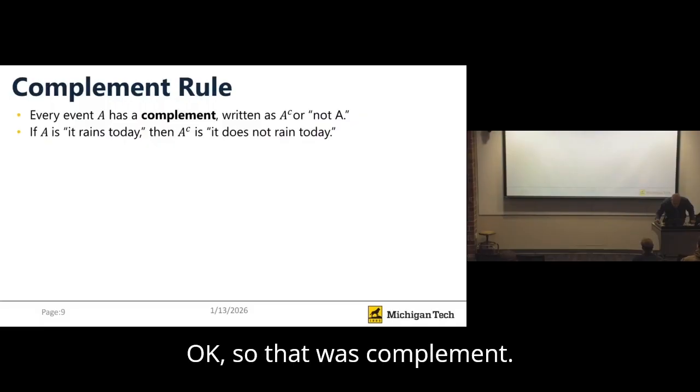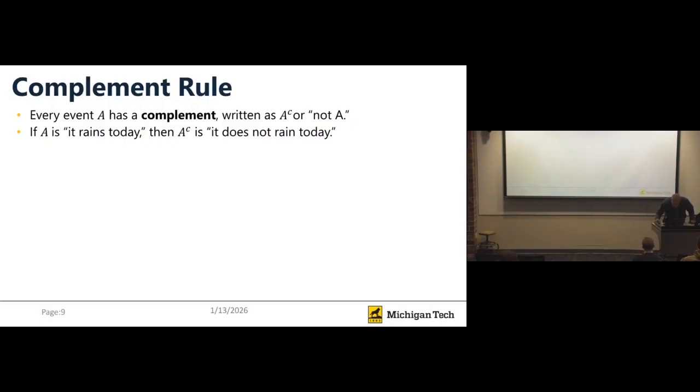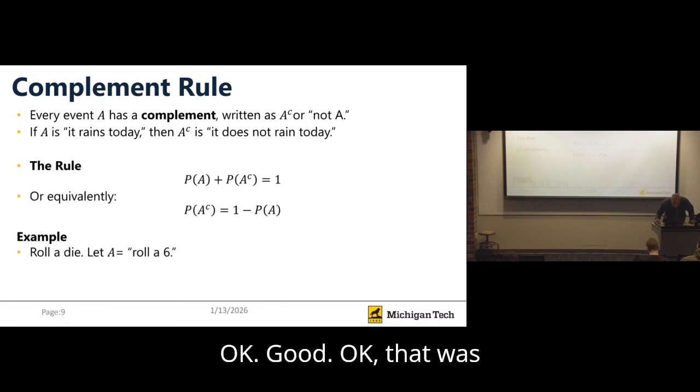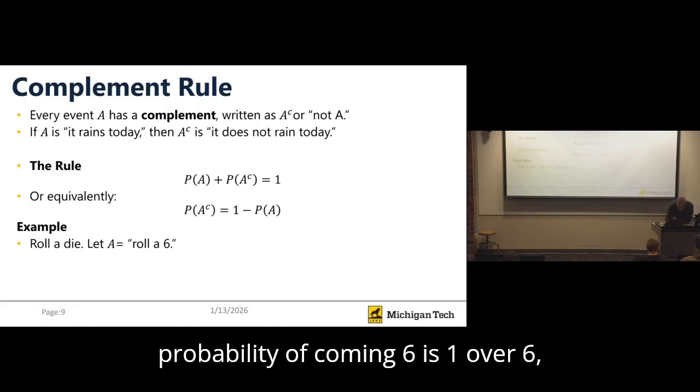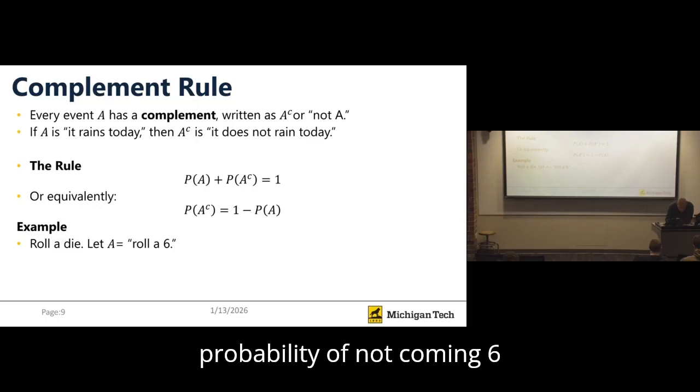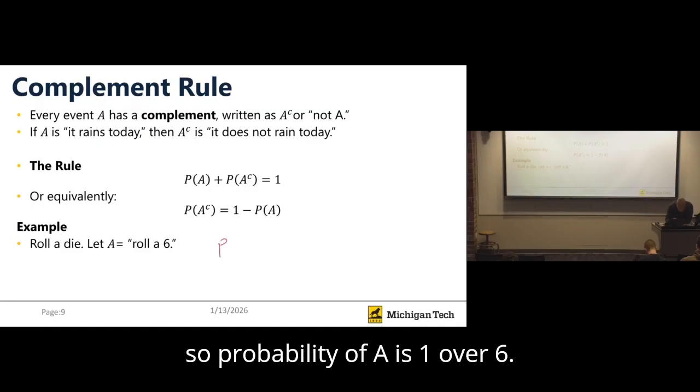Okay, so that was the complement. That was the example. I mentioned that if the probability of rolling a 6 is 1 over 6, the probability of not rolling a 6 is 1 minus 1 over 6. So the probability of A is 1 over 6.